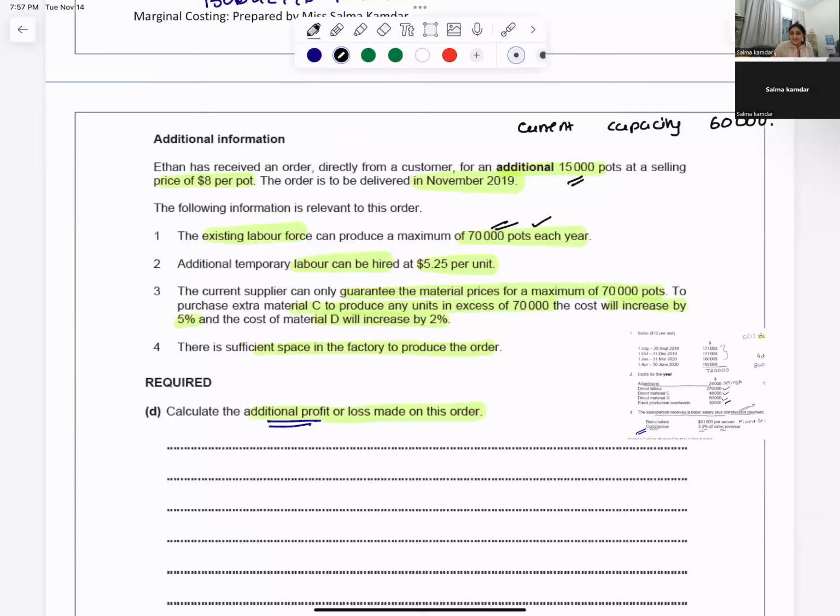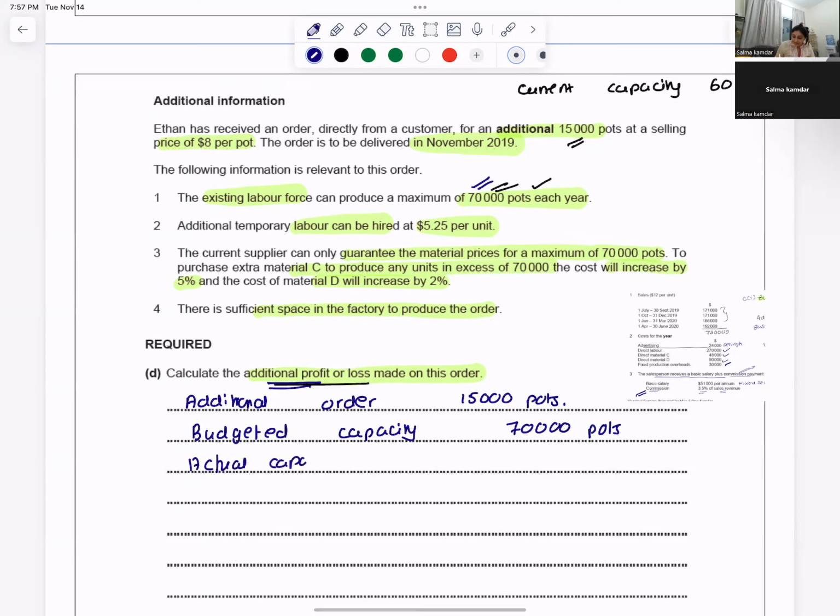My budgeted capacity is 70,000 pots. My current capacity is 60,000 pots that I'm actually selling.